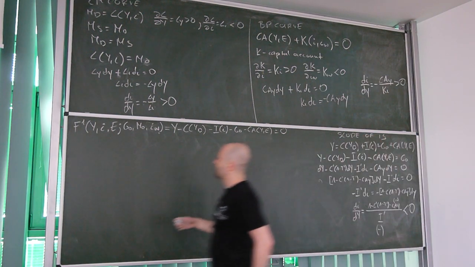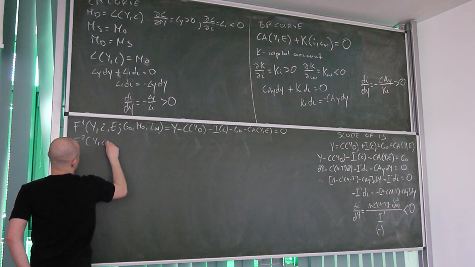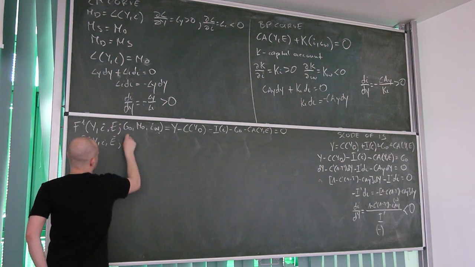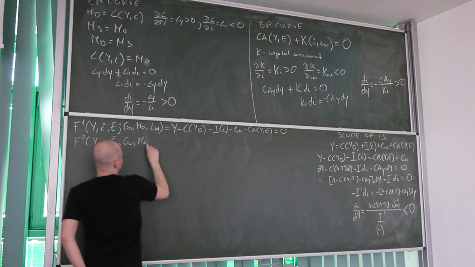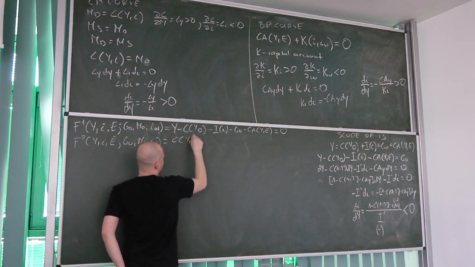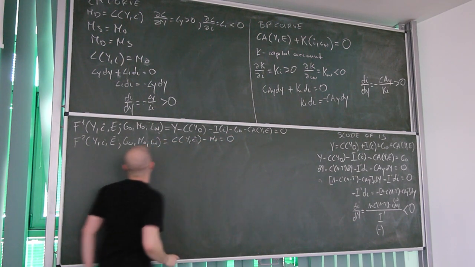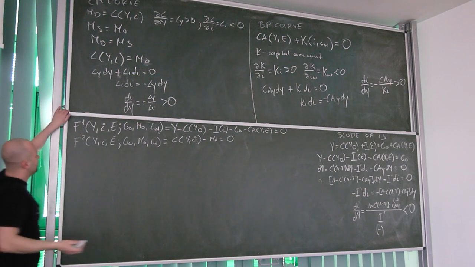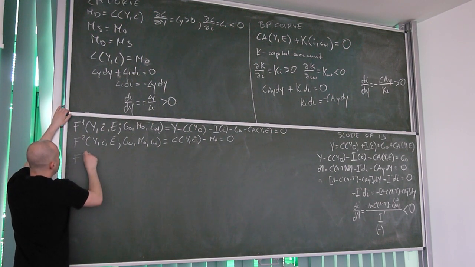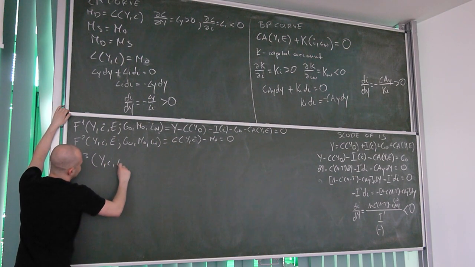Then we need the equation for LM. So this is L(y, i) minus m0 equals 0. And finally, the equation for BP, which we don't even have to change slightly.